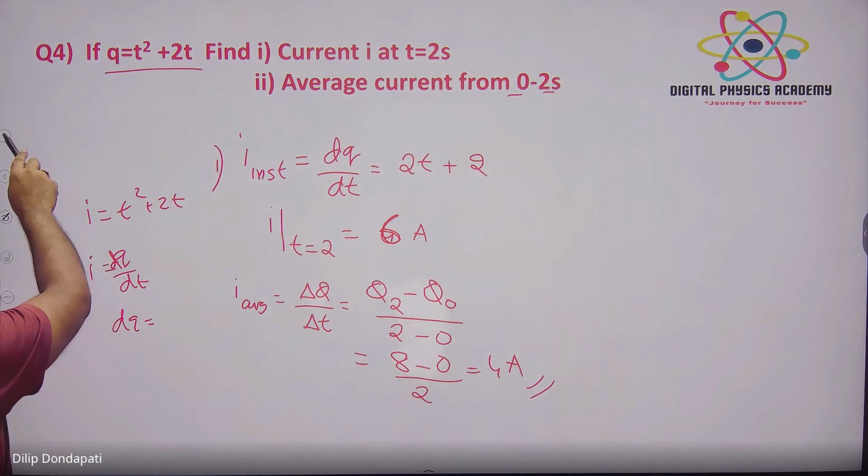So you write I is equal to dq by dt, then you send dt to that side, so it'll be I dt, and then you integrate it on both sides.